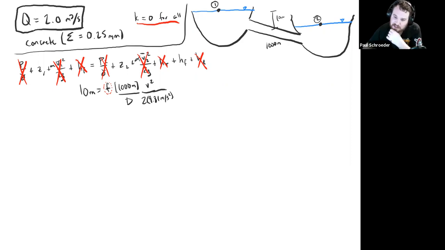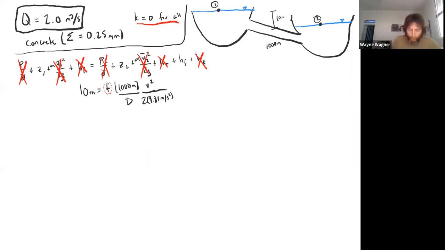Which is V in terms of V and D. So basically we can say Q equals VA. Q equals V times pi over 4 times D squared, right? So we can get a relationship between the two if we wanted, and that would actually be very much to our benefit.